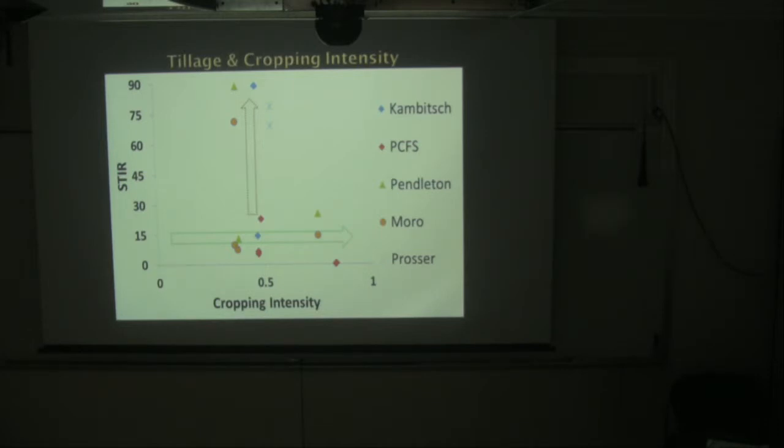So when I talk about tillage comparisons, I'm talking about moving along the brown arrow here vertically. So comparing tillage rotations at the same cropping intensification. And then moving horizontally across the green arrow are cropping intensification comparisons at similar STIR ratings.